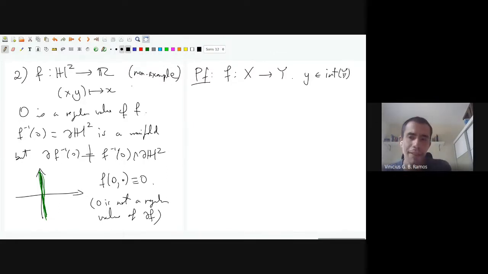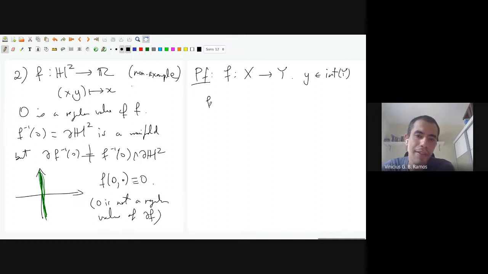So this is very similar to the transversality theorems that we always have. So if y is a regular value, first of all, we can just take a little neighborhood of y.